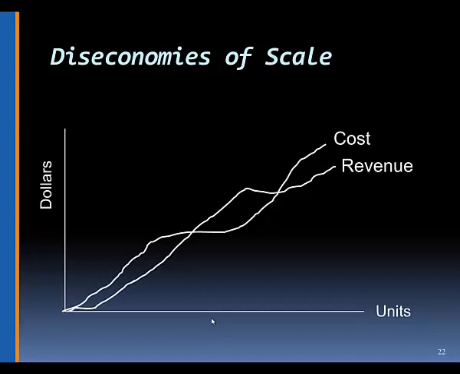This happens because we add fixed costs in big chunks. And as businesses expand, they add fixed costs as a part of their growth. If you're not careful, you can reach this second break-even point and go into a loss from which you can never recover.